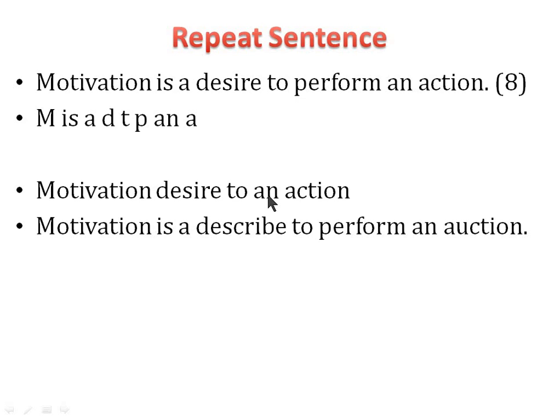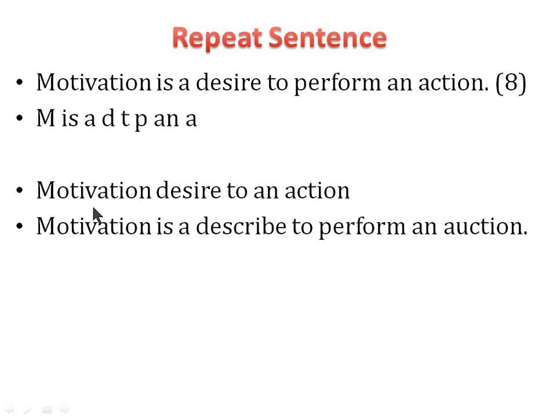If you haven't heard some of the words, don't just take pauses. You shouldn't say motivation, this desire to action. So this is how you will lose your fluency marks. If you heard 3 words, just try to reproduce 3 words in the same sequence in proper fluency.